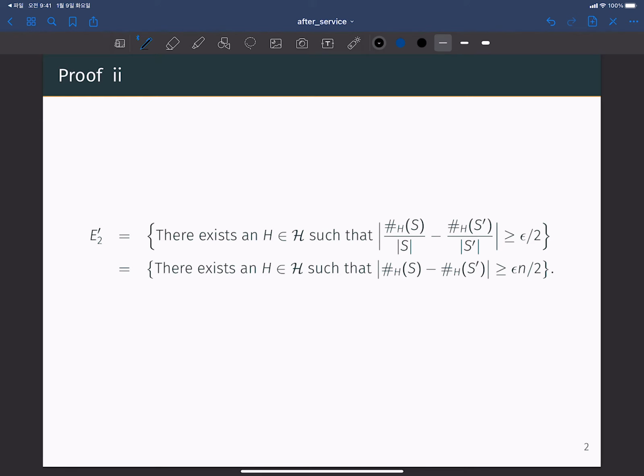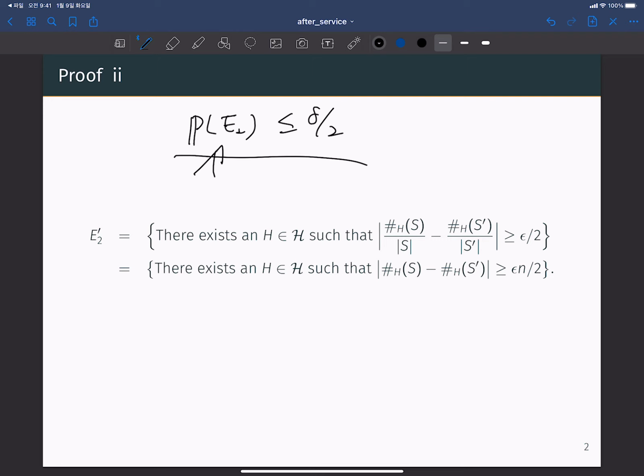E2 prime is a little bit different. Basically, in the proof we want to upper bound the probability of E2 so that it is less than or equal to delta over 2. That is our goal of the proof. But the problem is this probability is not easy to analyze.